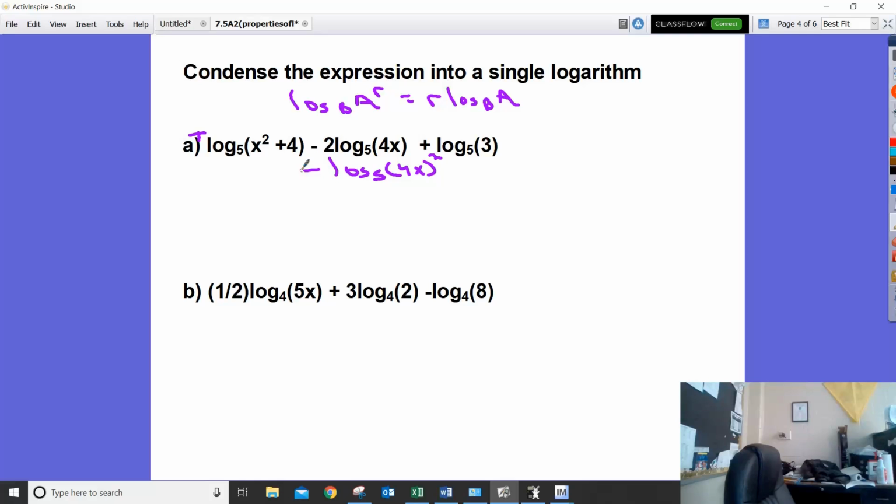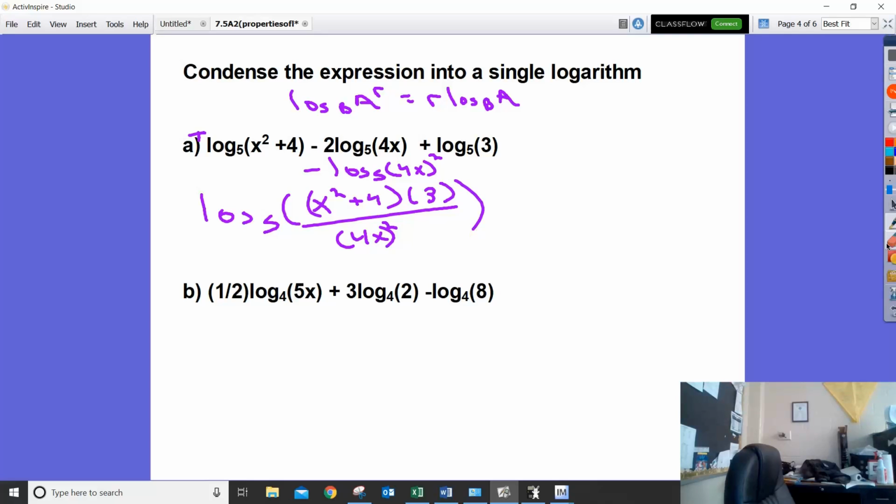Those are the logs that would be added together. How do you add logs together as a single logarithm? Multiplication. Right. In that logarithm, we have x squared plus 4 times the 3 because they were positive. And then we have the subtraction. Well, subtraction is what? Division. So we throw that over a 4x that is squared.